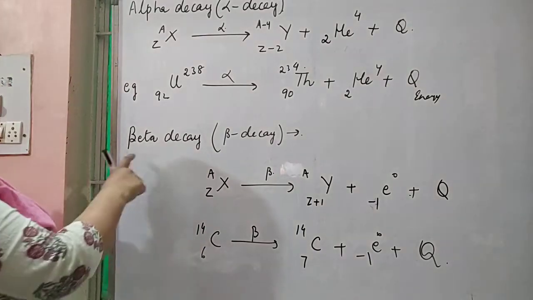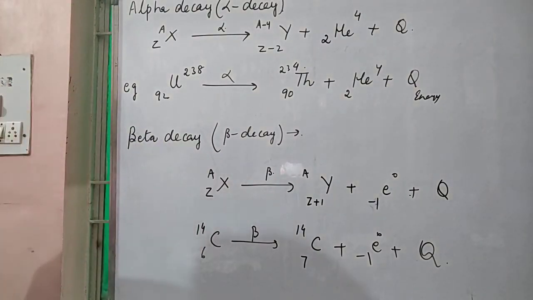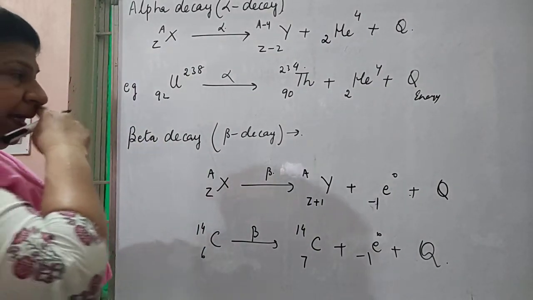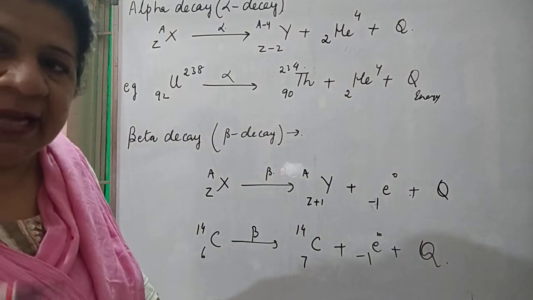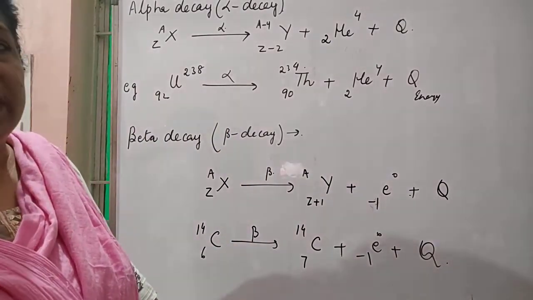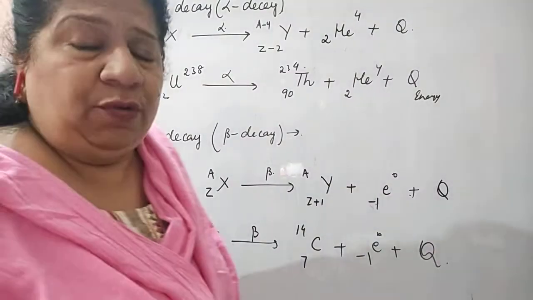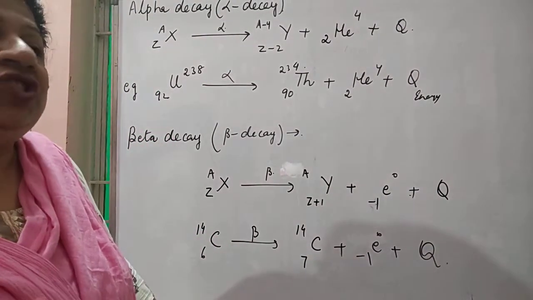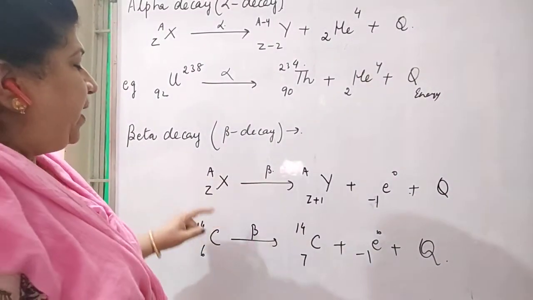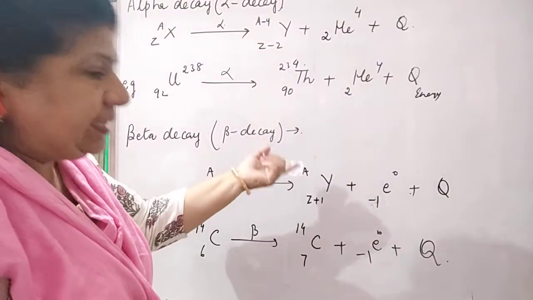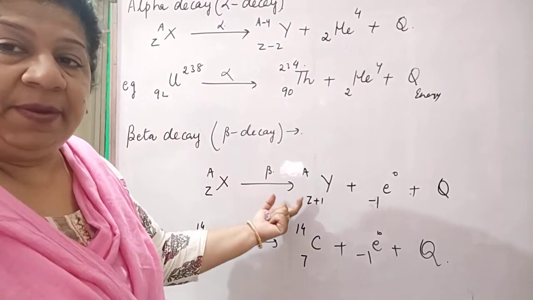Okay. Now, in the case of beta decay, whenever a beta particle is coming out, that is a negative particle or an electron, you know the mass number of an electron is 0, we take it as 0, and the charge on it is -1. So whenever a beta particle is emitted, the atomic number increases by 1 and the mass number remains the same.